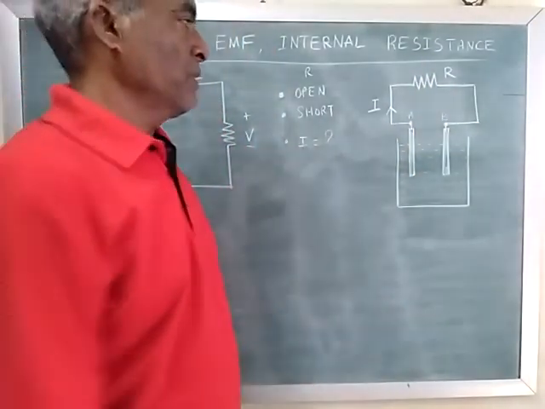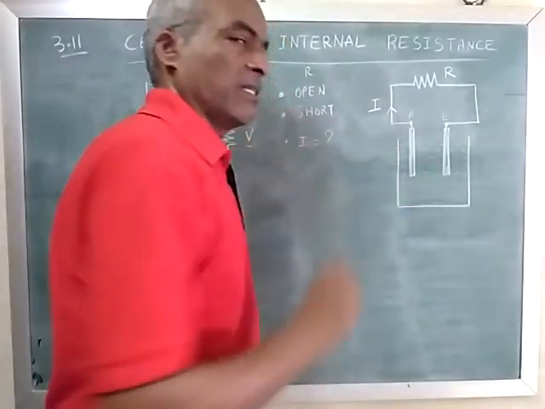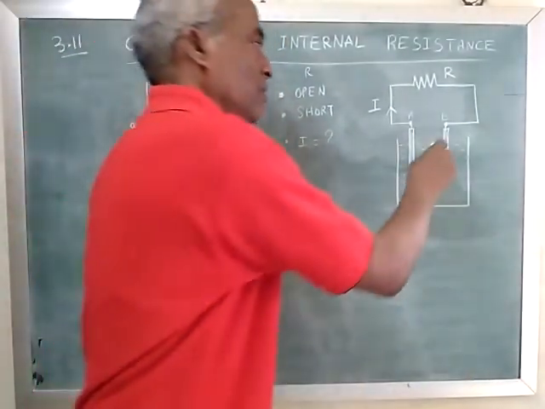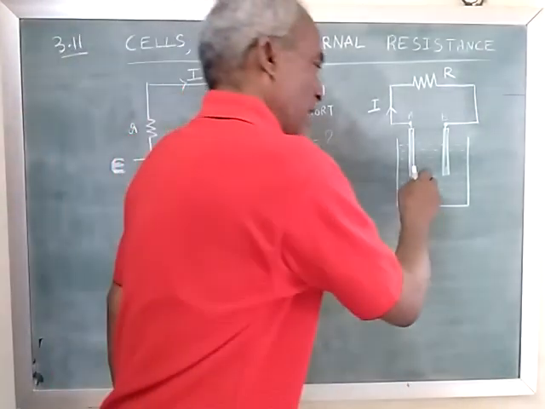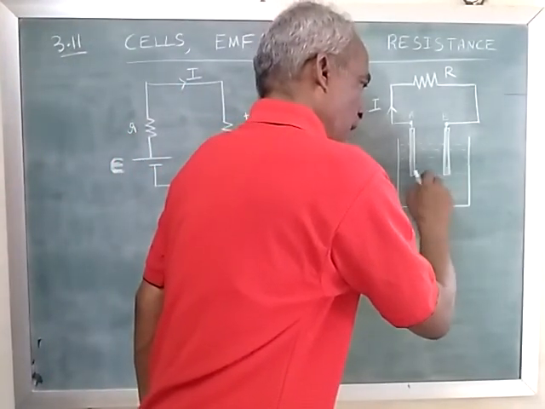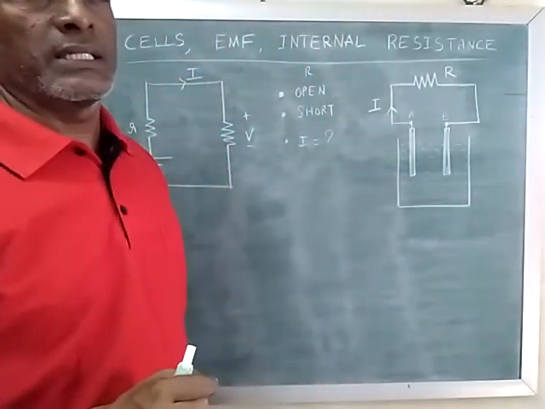Now this electrode will have a resistance. This electrode will have a resistance. And the electrolyte between A and B will have some resistance.